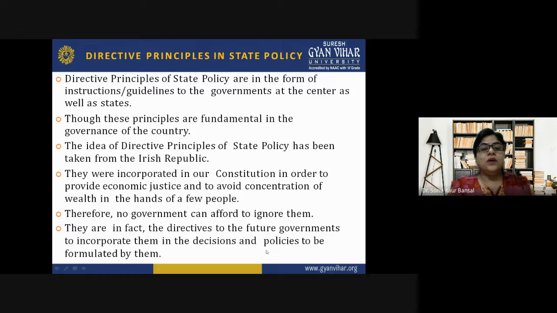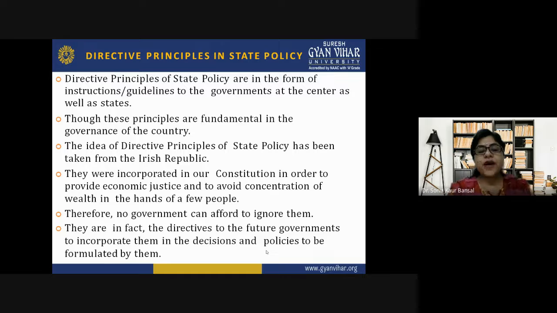So they were introduced and incorporated in our Constitution in order to provide economic justice and to avoid concentration of wealth in the hands of a few people. So therefore, no government can afford to ignore them.